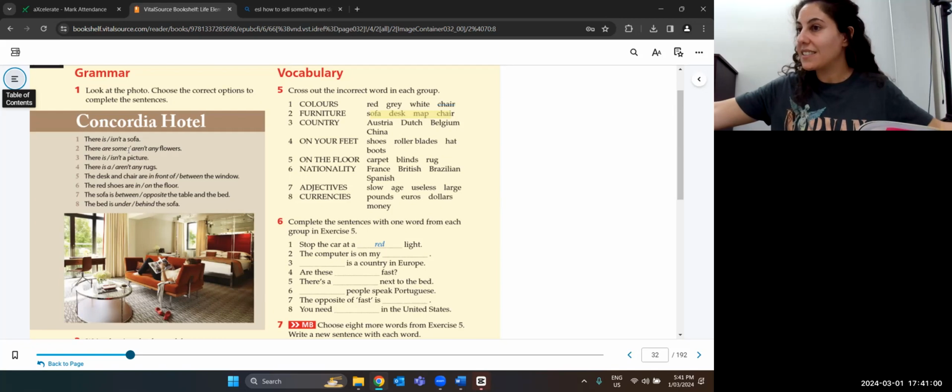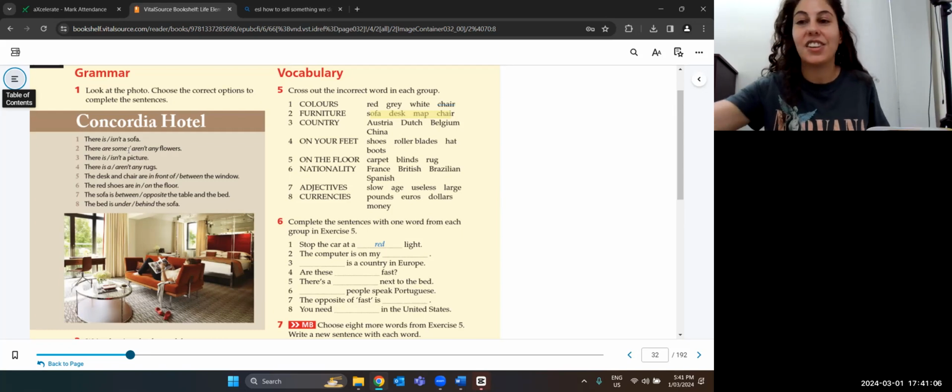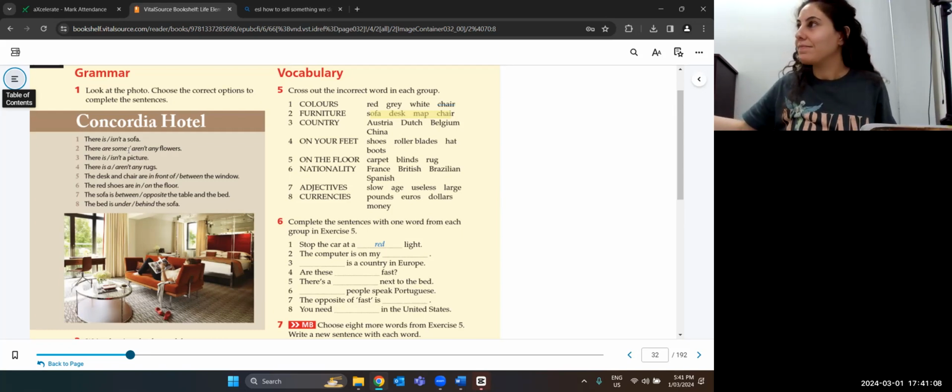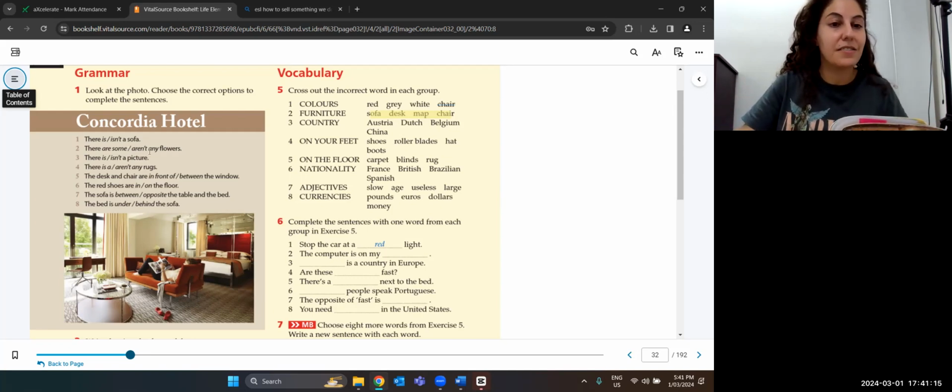There are some chairs in this room. There are some tables. There are some tests that I have for you. There is some space. So I say some. Okay, some is for positive. Any goes with the negative or with a question.